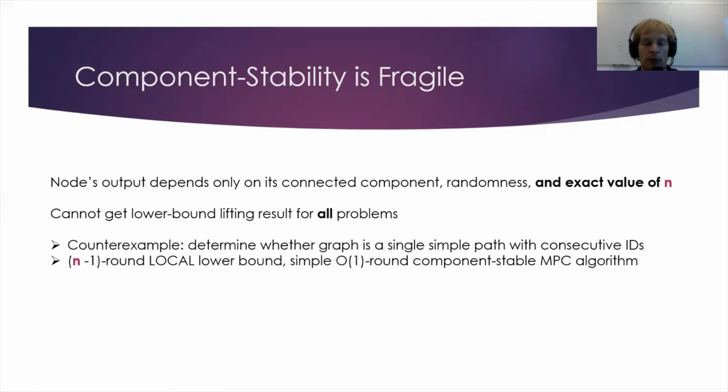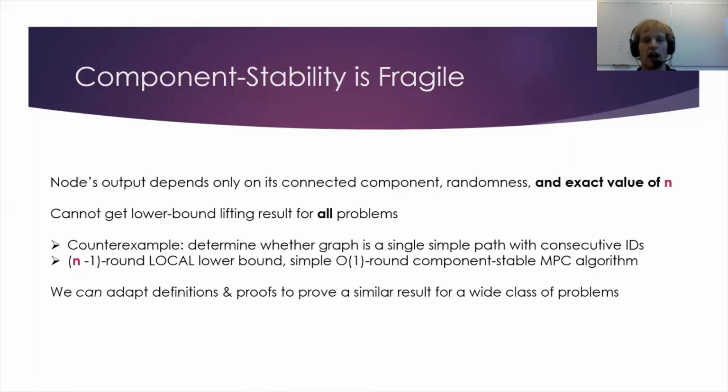Therefore we can't possibly hope for a theorem of the kind I just showed you, because there's no way we can take any of the possible lower bounds on this problem in local and turn them into anything non-trivial in MPC. So that's a problem, but we show that by making some tweaks to the definitions, adding some new concepts, and accordingly changing the proofs, we can essentially recover the result of GKU and provide a framework that, while it doesn't give a lower bound lifting result for all problems, gives a result for a very wide class of problems that includes basically all the problems we care about.